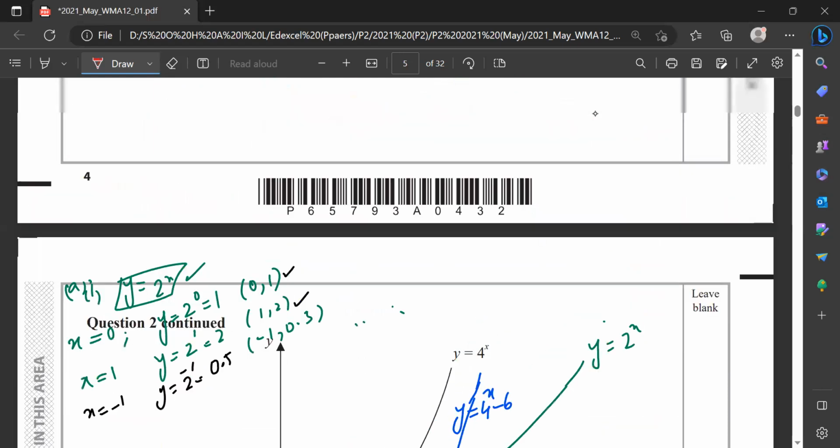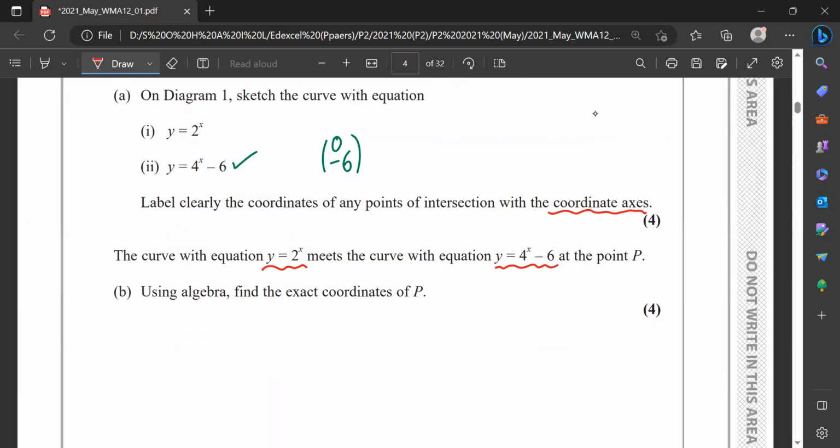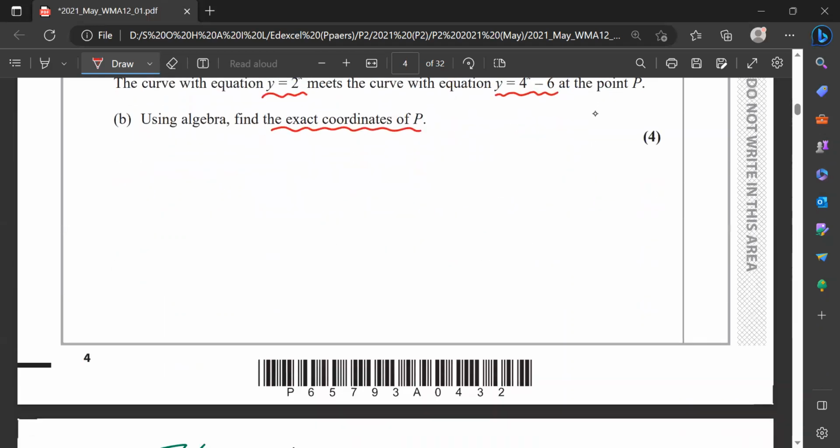Find the coordinates of P. P is the point of intersection of these two graphs.